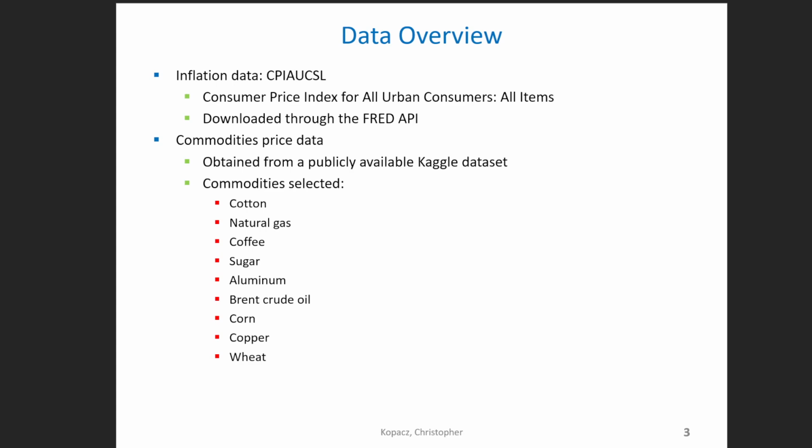After filtering the data for availability and relevance, the final predictors include cotton, natural gas, coffee, sugar, aluminum, Brent crude oil price, corn, copper, and wheat. And the sampling period was shortened to January 1997 through March of 2023.